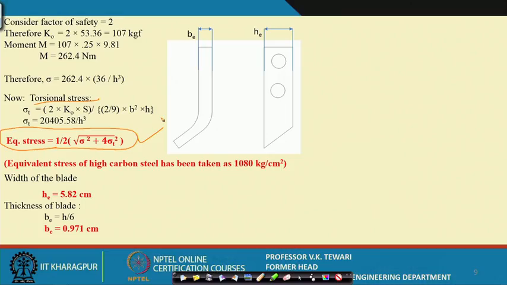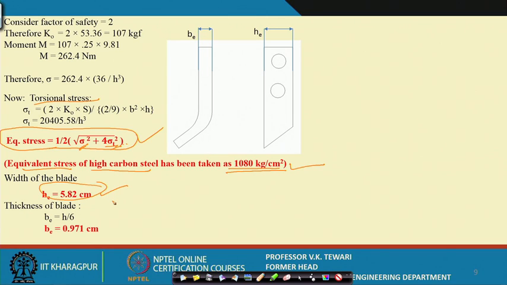So, in this case, for a high carbon steel, we have taken a value of 1080 kg per centimeter square for the equivalent stress, and then once you use this value where the other values are known, you can get the width of the blade as 5.82 centimeter.